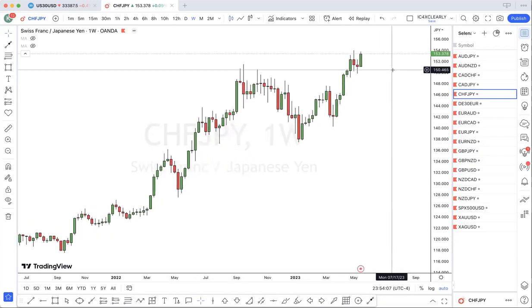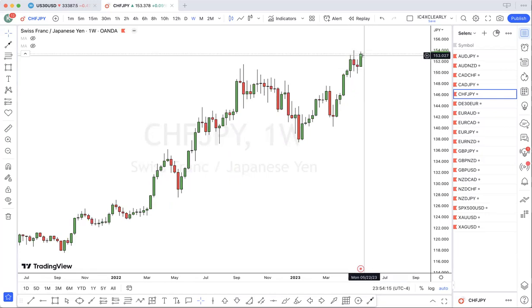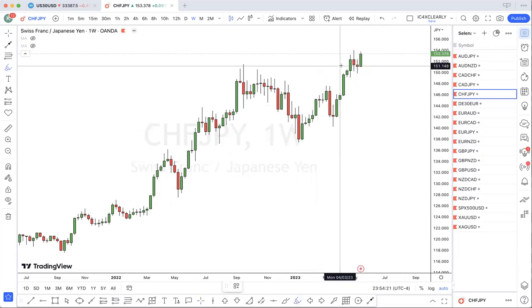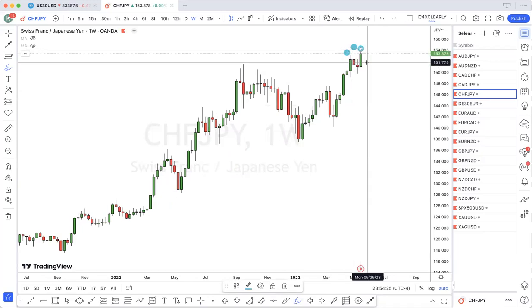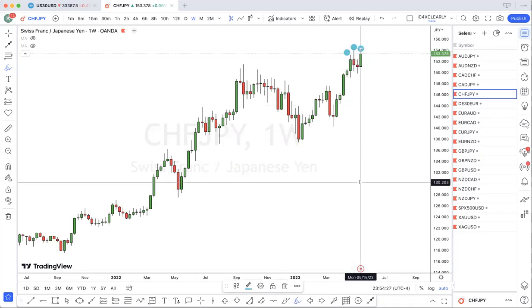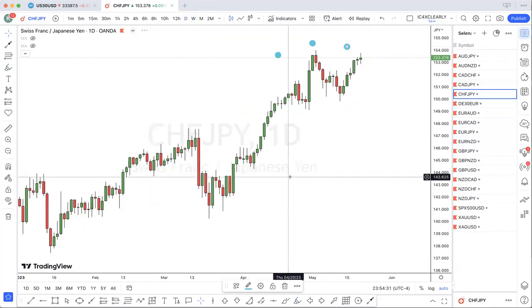The JPYs are expected to sell this week, so I would definitely be careful with this one. This could be your swing high here. So it may fall. Okay. And let's just look at the daily.